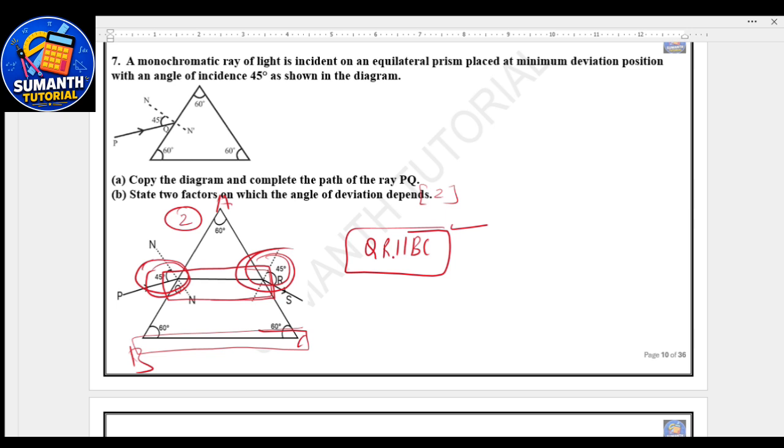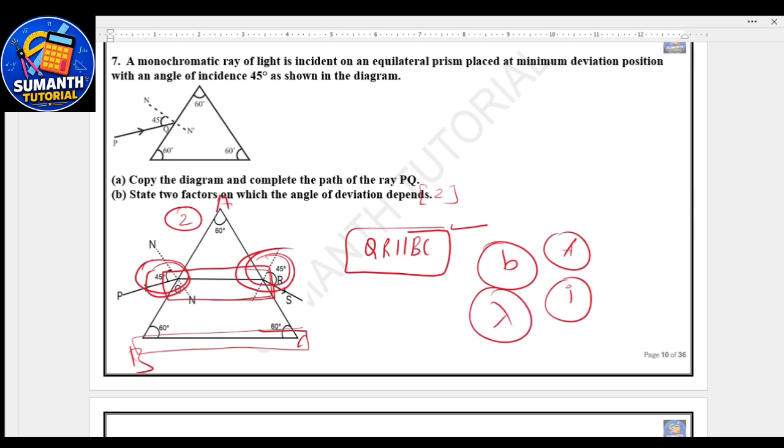Now question B, it's a direct question. State the two factors on which this angle of deviation depends. You can write it as angle of the prism, refractive index, wavelength, angle of incidence. There are few, you just write only 2. So you can write angle of prism, angle of incidence, you can write wavelength.